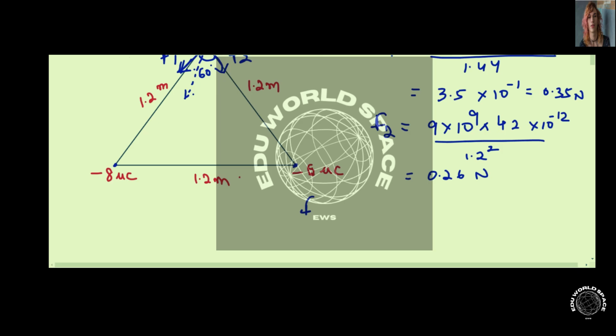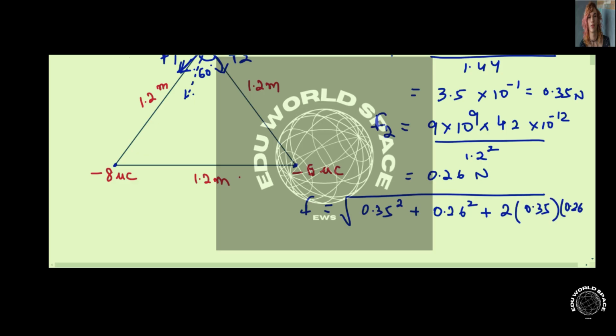the magnitude of net force will be the resultant of these two forces, and we have the angle between them as 60. So it will be root of f1 squared, so 0.35 squared, plus f2 squared, that is 0.26 squared, plus 2 times f1 into f2 times cos 60, that is 1 by 2. So this gets cut here.